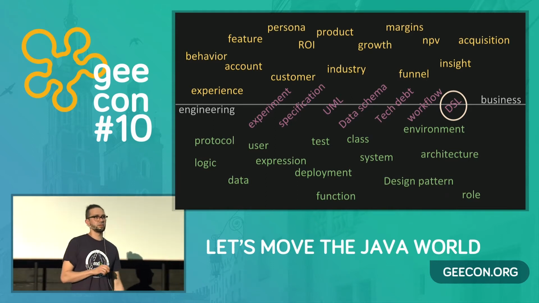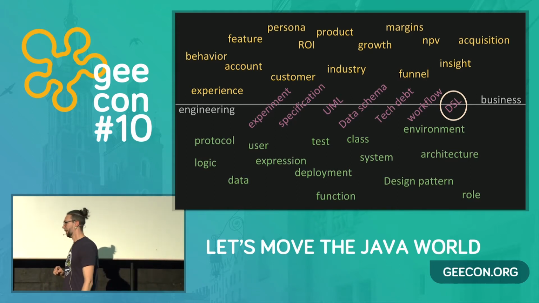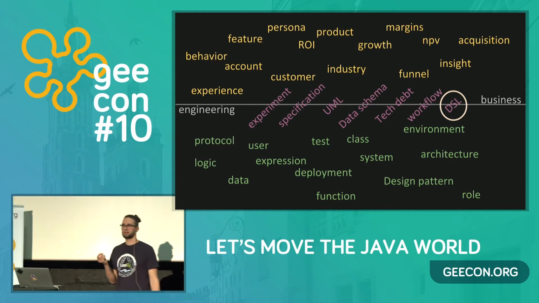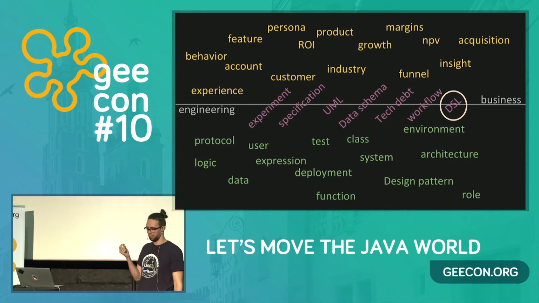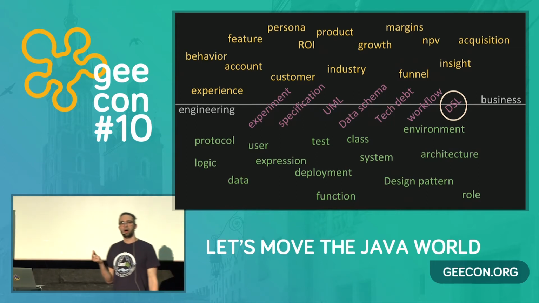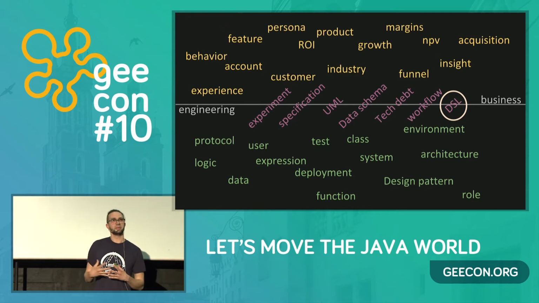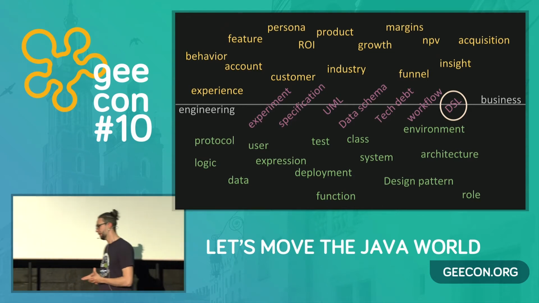medium of communication, which is domain-specific languages. This is something that has the traits of both being a good metaphor, because a domain-specific language describes our system in terms that business people understand, but it is also formal. It can be proven.